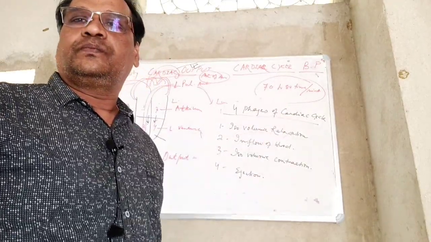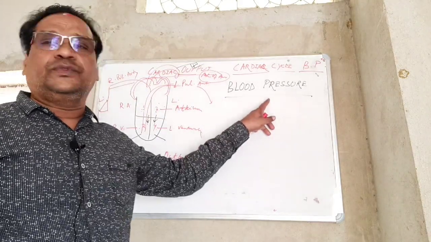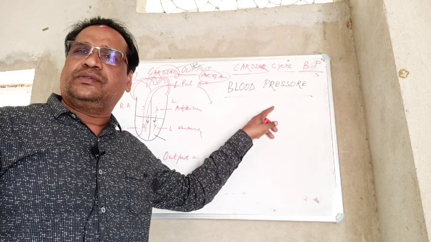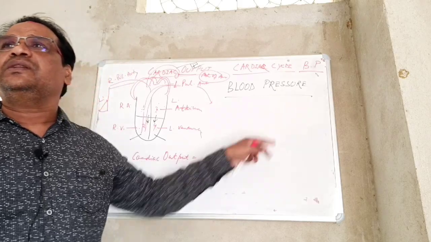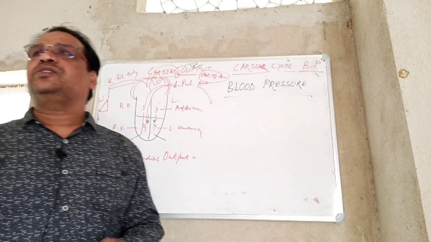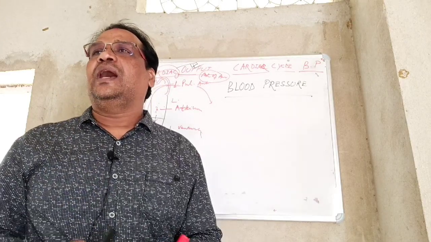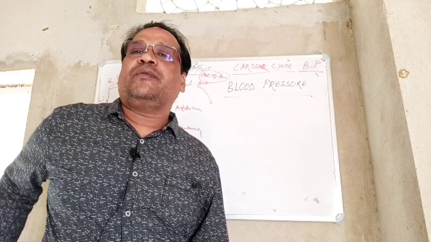Next is blood pressure. Hypertension is one type of disease. Cardiac output is a measure of the rate of blood flow through the heart and its associated blood vessels.